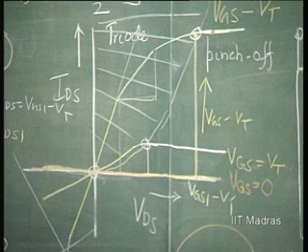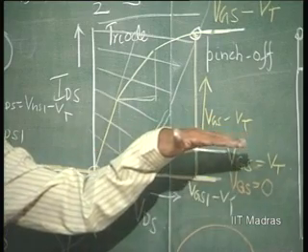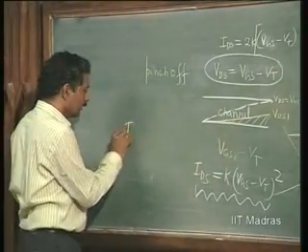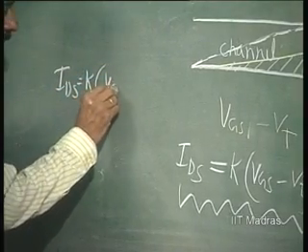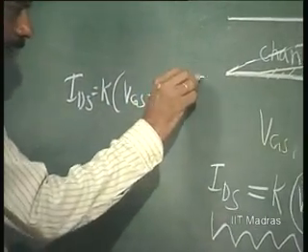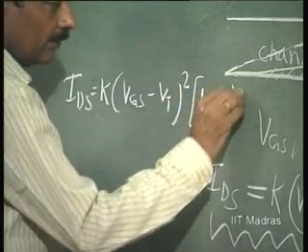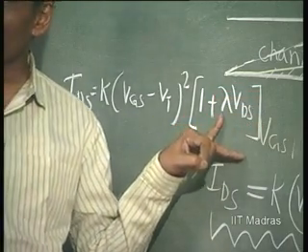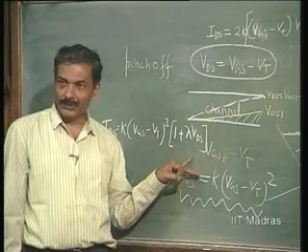Just as we had the early effect discussed in the BJT, where the current was still dependent upon VCB, here we have this current not really independent of VDS. It is K times (VGS minus VT) squared into (1 plus lambda times VDS). The dimension of lambda is 1 over voltage, 1 over some voltage.